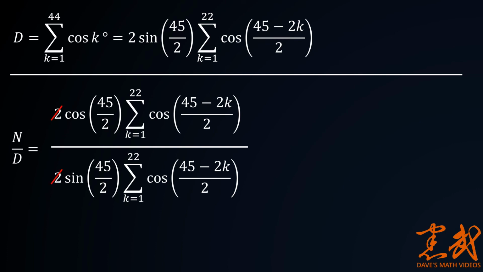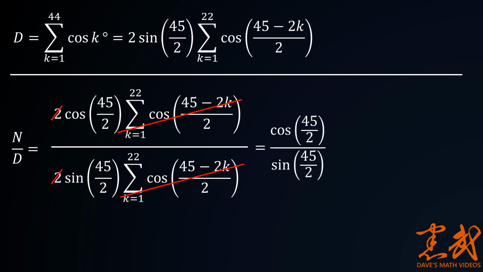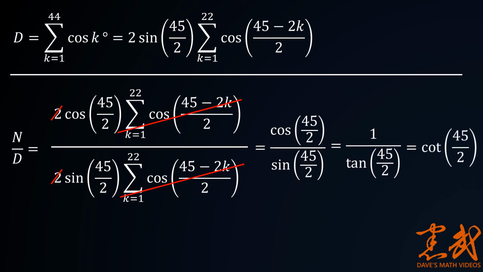As we can see, the 2's are going to cancel out, and the sums will also cancel out. This gives us the cosine of 45 over 2 over the sine of 45 over 2, or 1 over the tangent of 45 over 2, or the cotangent of 45/2.